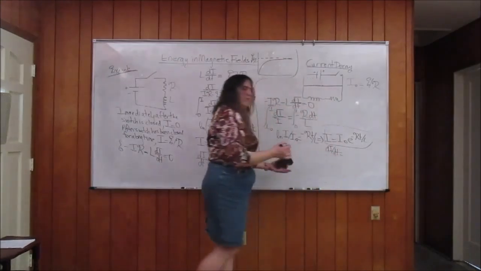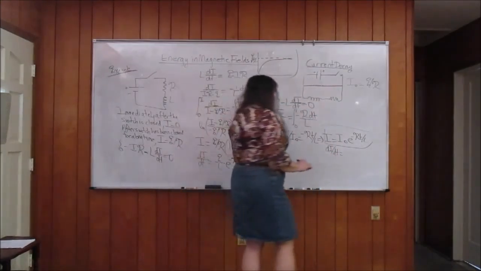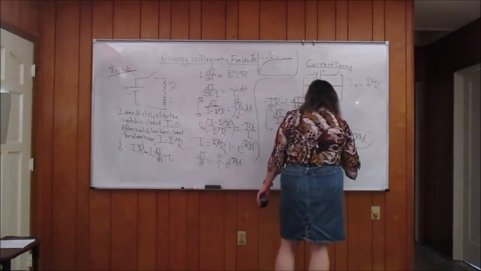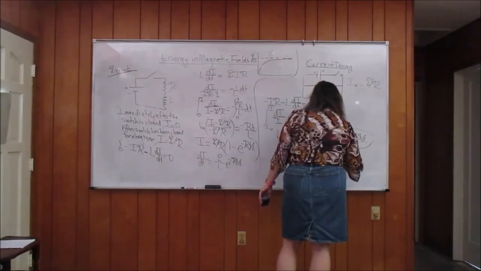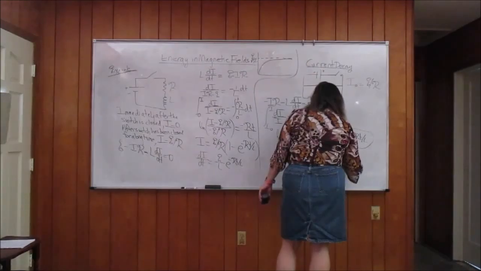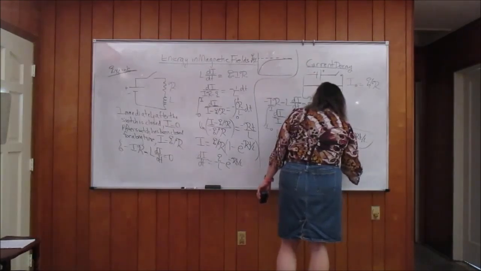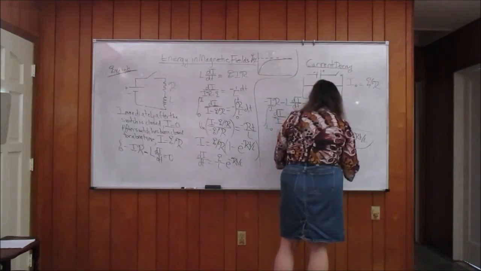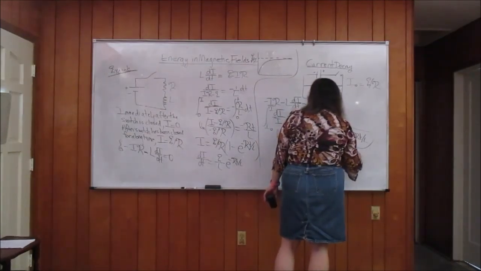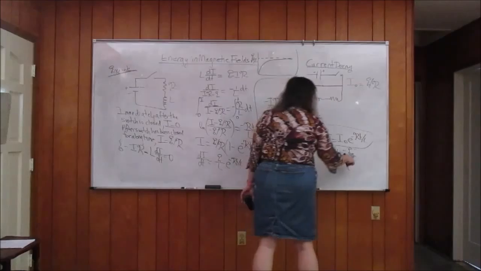And I can also look and see how the current changes in time. That's just going to be equal to minus I naught R over L. But I naught is equal to EMF over the resistance.